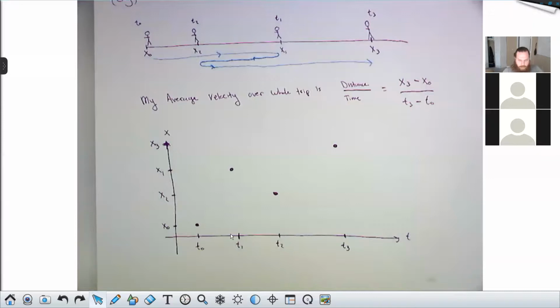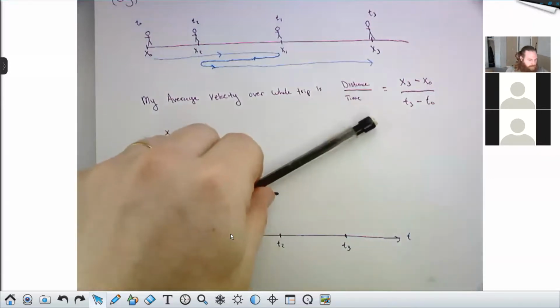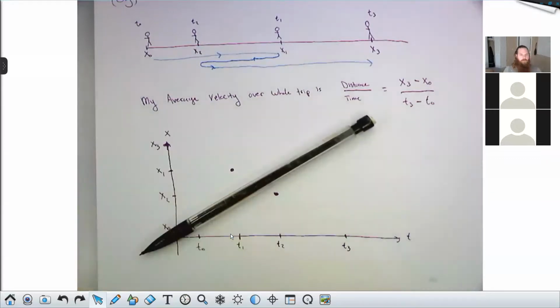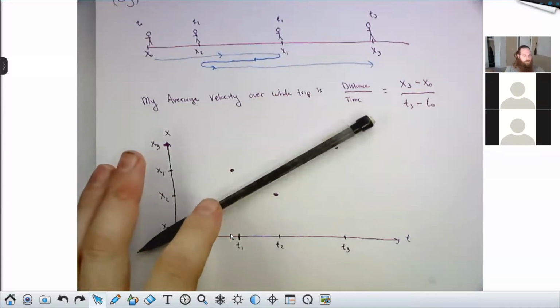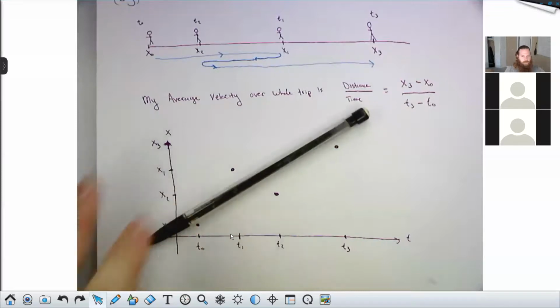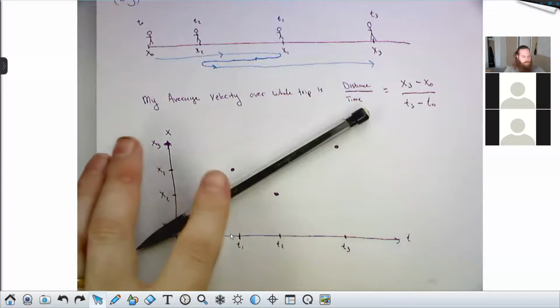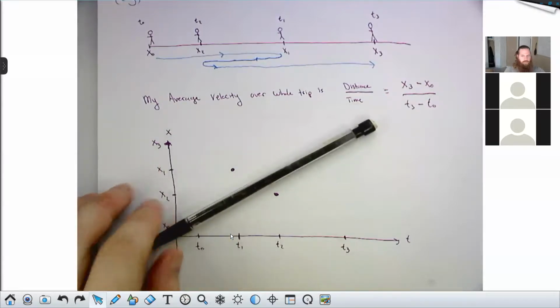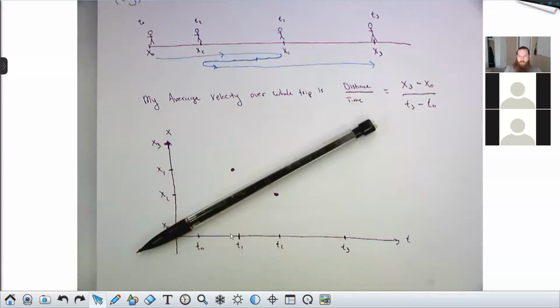If I want to find my average velocity, that would be the slope of this pencil, connecting my starting point down here with my ending point up here. The slope of the pencil is my average velocity over the whole trip.